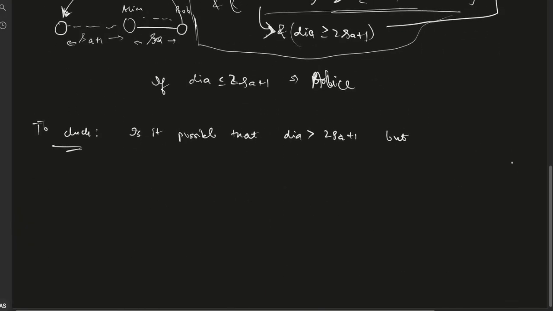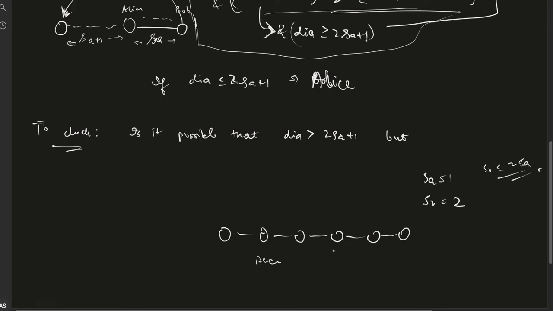The reason being, let's say we have this configuration, stride of A is 1, stride of B is 2, right? So SB is less than or equal to 2 times SA. Alice was here initially, Bob was here initially. Alice moves here, Bob moves here, Alice now moves here. Okay, Alice moves here, Bob doesn't move now.